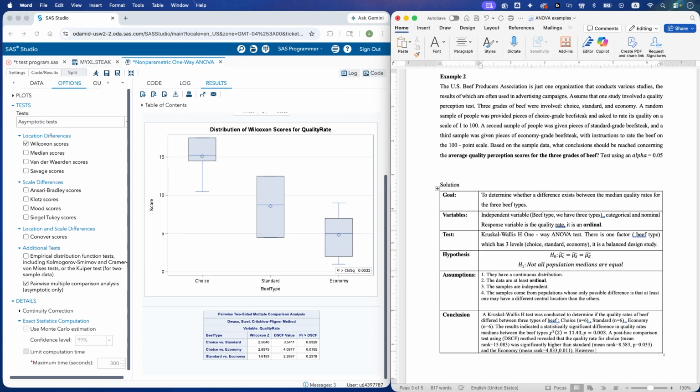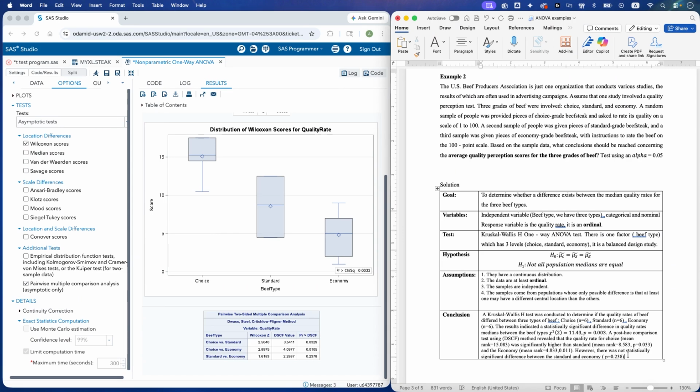However, there was not a statistically significant difference between the standard and economy, right? P-value was 0.38. We may use approximately, by the way, here. Approximately, not equal. It's better to use approximately.